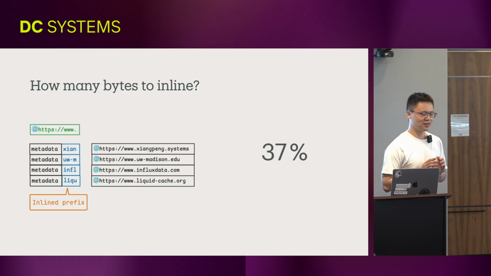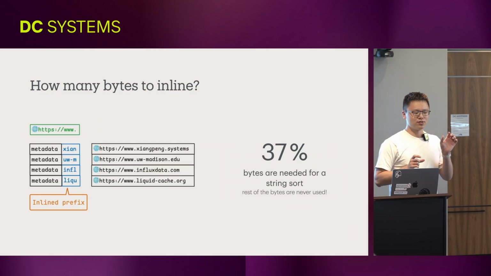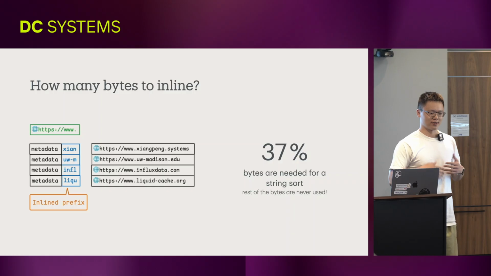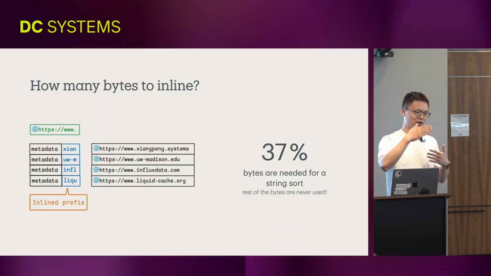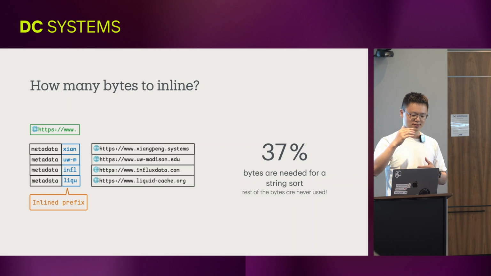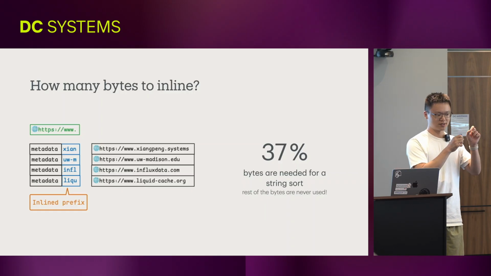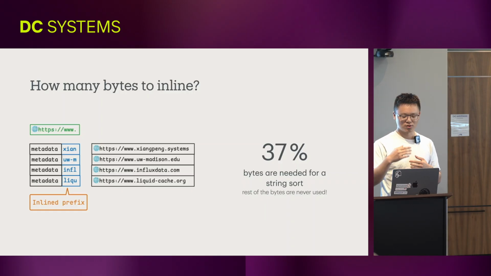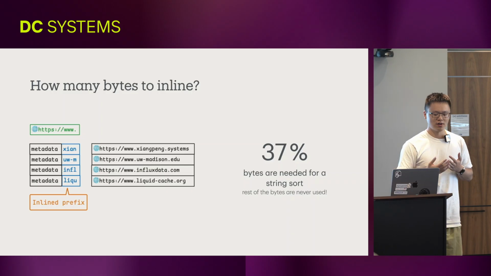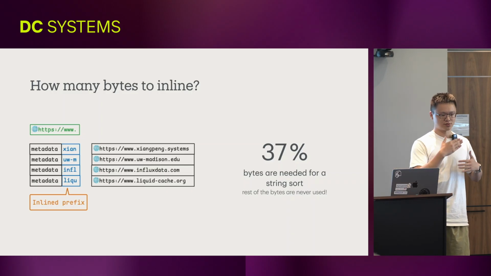And then we further analyzed how many bytes are actually used during a string sort. Basically, in a sort, you have to compare strings against each other. We analyzed a batch of strings, and the intuition is that most of the time you only need to read the first few bytes to determine the string order, right? So we quantified this, and on average, only 37% of the bytes are actually being used for a string sort.